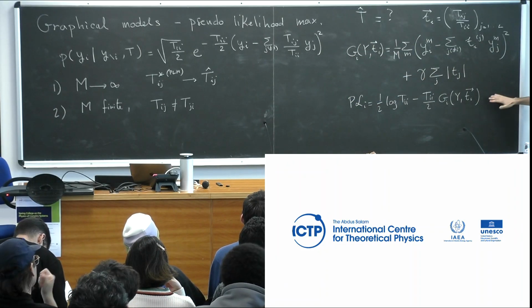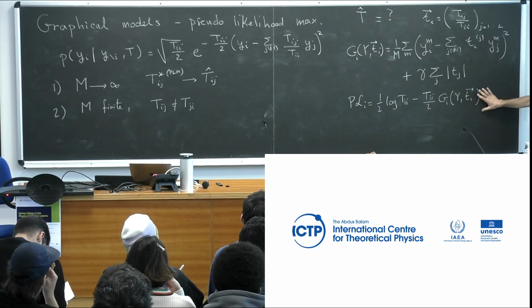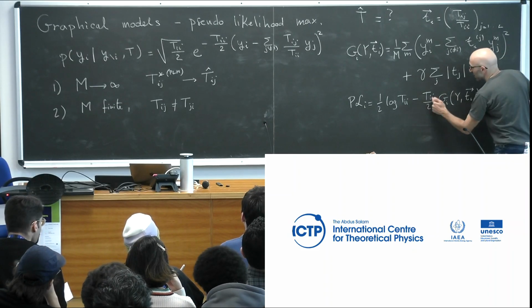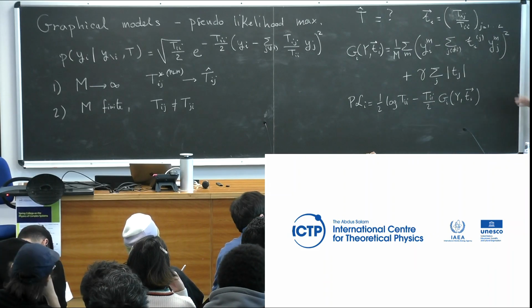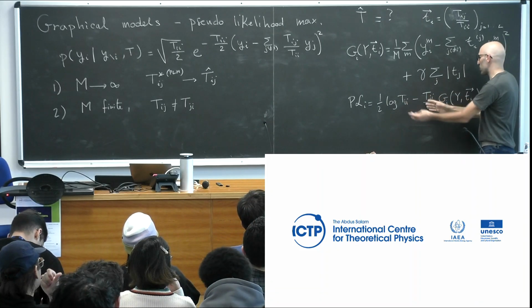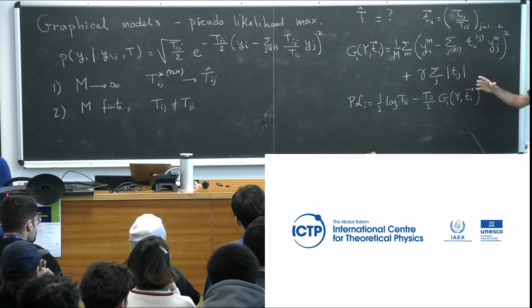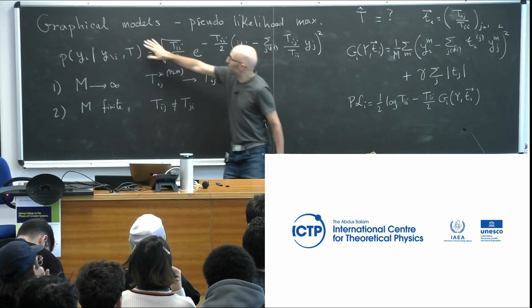And then I say, okay, in order to get my best estimator for T, I have to maximize this. So the diagonal element is here, but the diagonal element is fine. This is going to be essentially of order 1, the diagonal elements. So the off-diagonal elements are the ones I'm interested in if I want to know the graph of interactions.